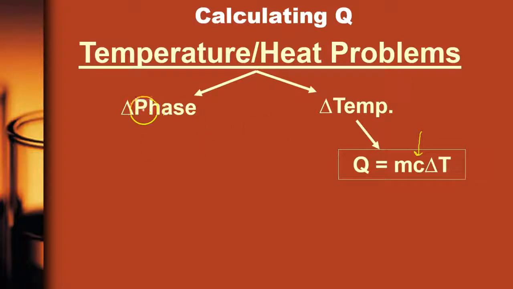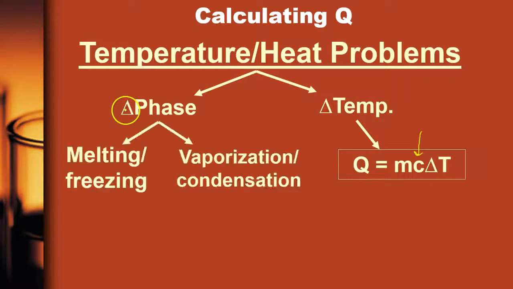But on the other hand, if it's about a phase change, if the problem is about melting, freezing, vaporization, condensation, you actually have another decision to make, because you have to decide whether the problem's about the melting, freezing phase change or the vaporization, condensation phase change. It's not always going to be exactly clear, but there's definitely going to be enough information for you to make that decision.